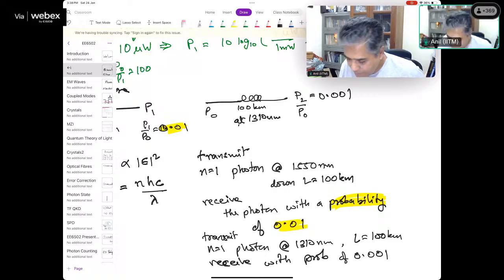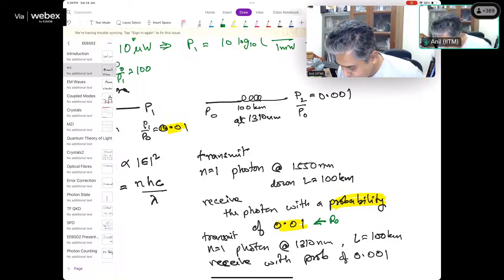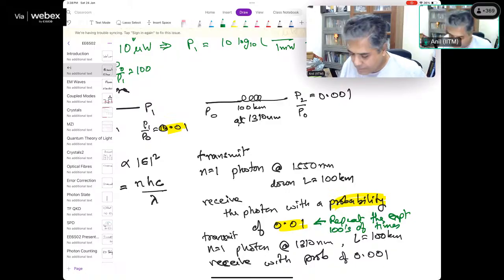So I must repeat the experiment hundreds of times to get these numbers. If I want to do the other experiment, I have to repeat it thousands of times.